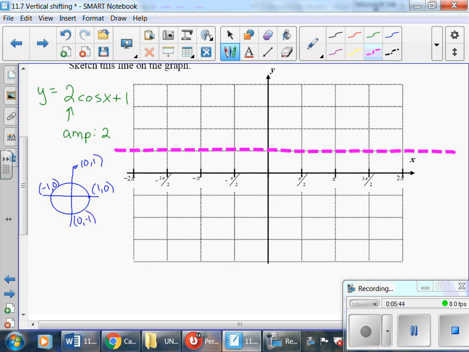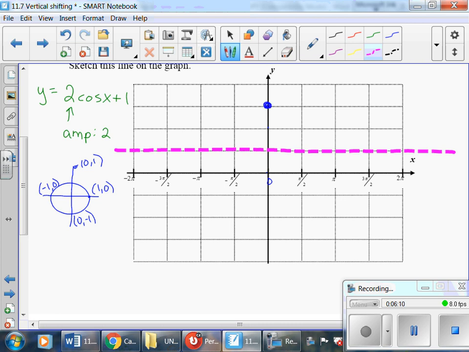Or you can write the table down if you want to. So I'm doing cosine, so I'm looking at my x values. So at 0, which is right here, it's 1. So it's going to be 2 times 1, which is 2, plus 1. So I'm going to be up here at 3.